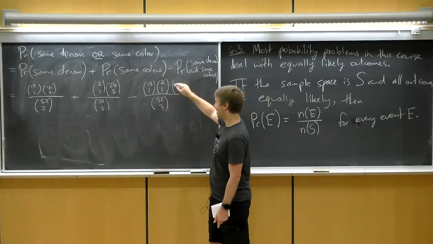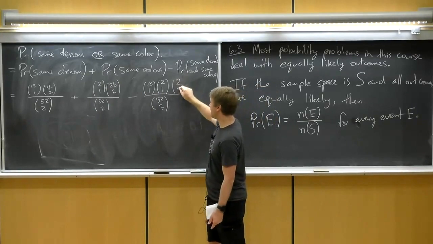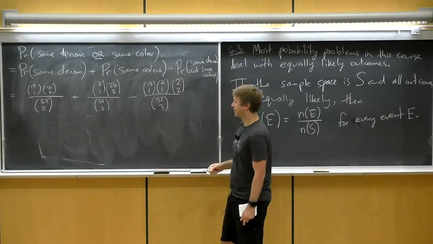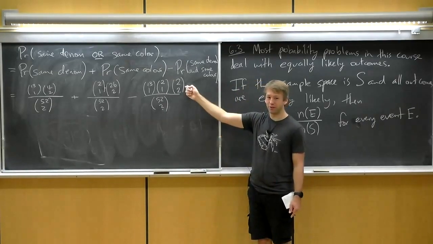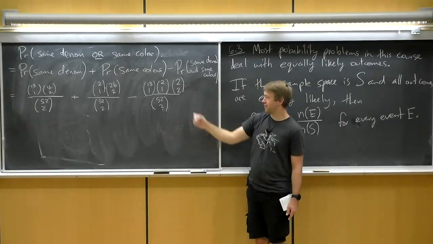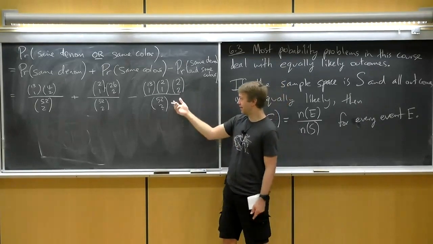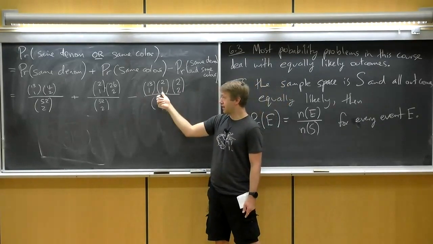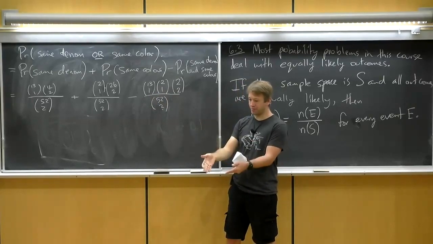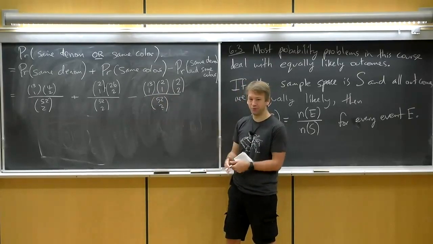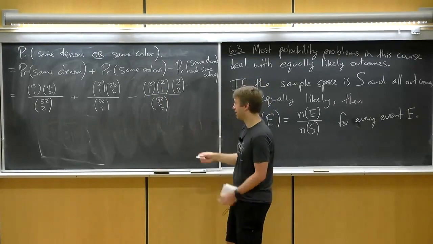So I don't really need any other thing, but I'll just write this 2 choose 2, even though 2 choose 2 is just equal to 1. This is like pick a denomination, pick a color, and then there are 2 things of that color, and I'm choosing 2 of them. So there's 2 choose 2 ways to do that, which is 1.